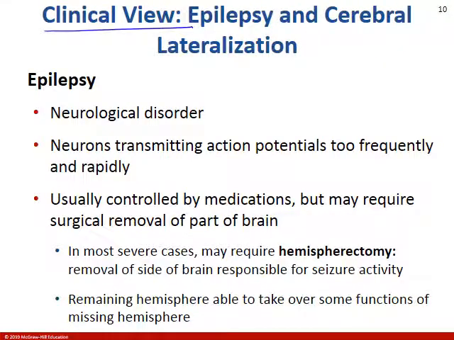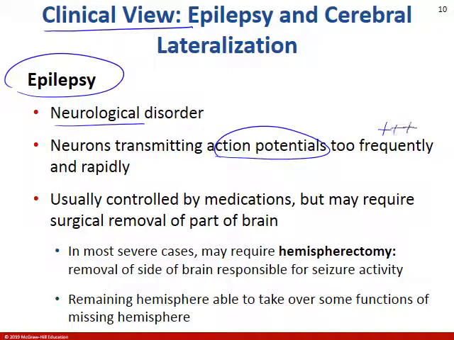Sometimes these tracts or these neurons are firing too rapidly. So epilepsy is a neurological disorder where you have action potentials that are happening too frequently and too rapidly. It's almost like your heart beating out of control. In this case, it's your brain neurons just firing without any real rhyme or reason.